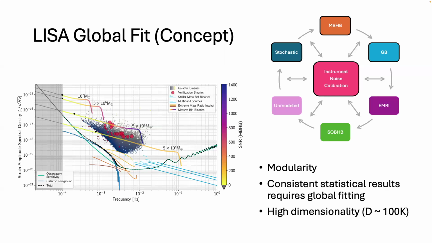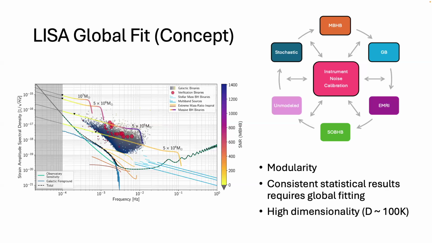It doesn't mean those modules are finished by any means, but they are included. This is how we imagine the global fit going from a schematic view: we cycle through our different sources and update parameters along the way, and also exchange information about the instrument, the noise, and any calibration that we have to do.